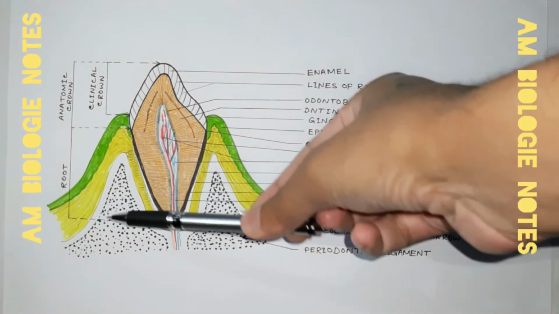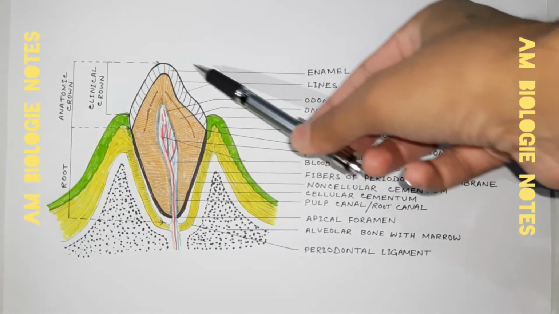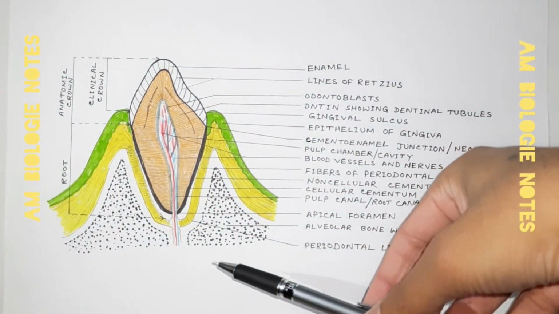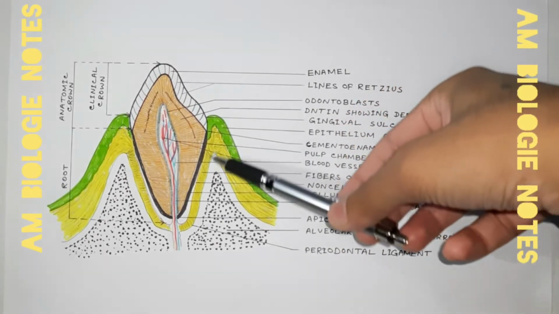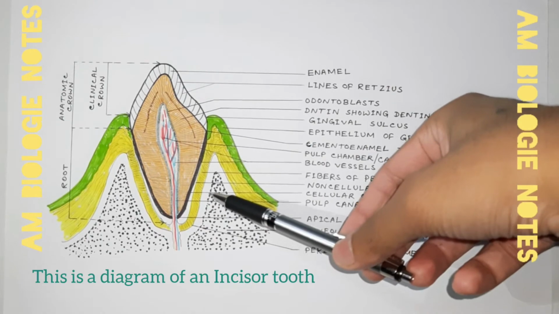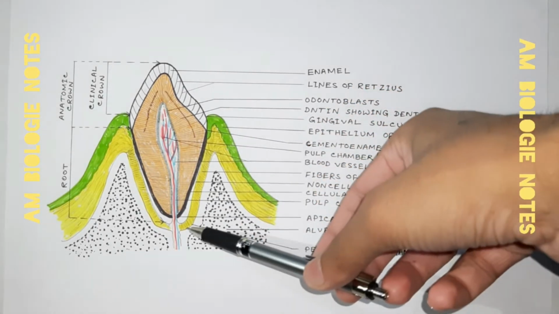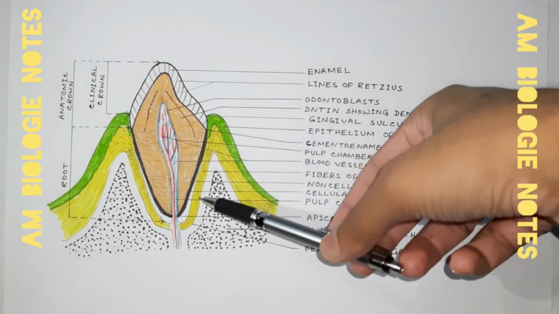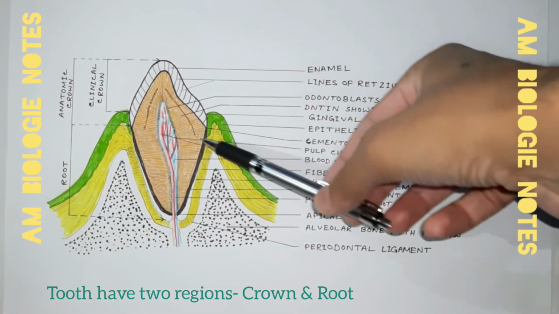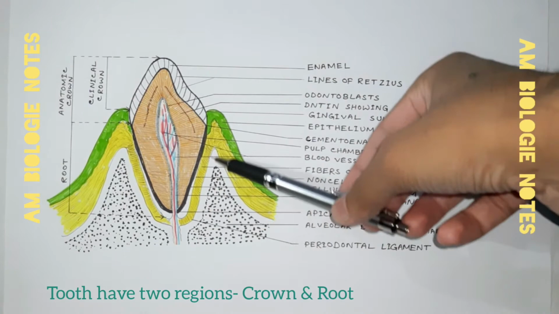This is a diagram of a human tooth. Generally, all the teeth have the same basic structure. So, I have drawn this diagram of a section of an incisor tooth. From the figure, you can see there are mainly two regions, crown and root.